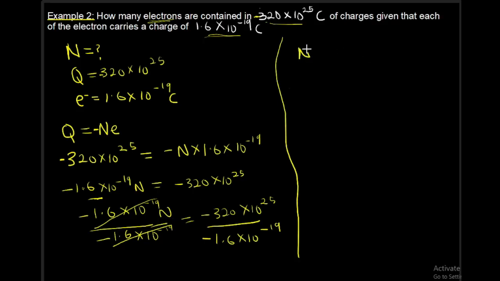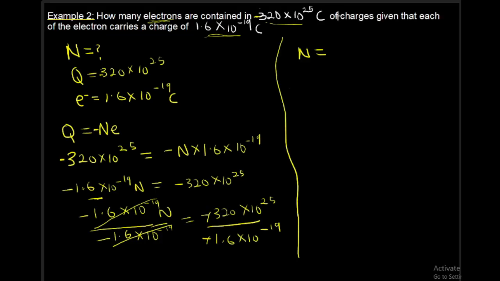So we have N equals, now we use our calculator to simplify this. First, minus is going to cancel out minus. Then we have 320 times 10 raised to the power 25 divided by 1.6 times 10 raised to the power of minus 19.